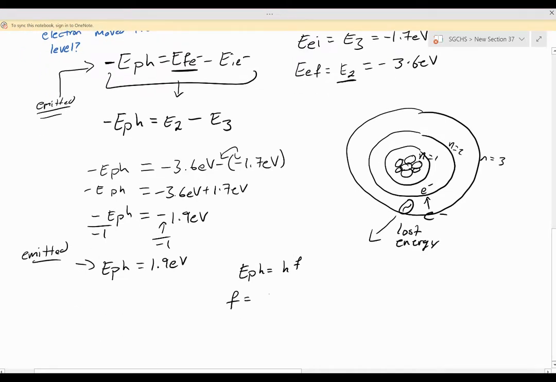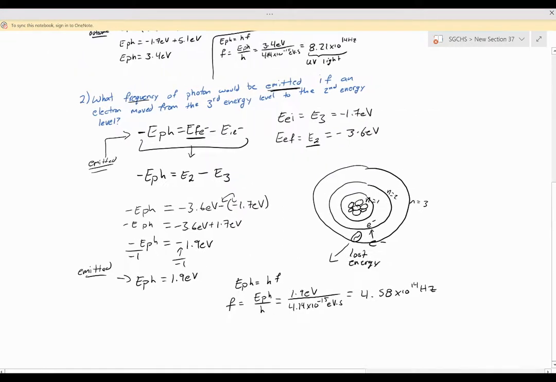So our frequency equals the energy of our photon divided by Planck's constant, so 1.9 electron volts divided by 4.14 times 10 to the negative 15 electron volts times seconds, and that will give us an outcome of 4.58 times 10 to the 14 hertz.